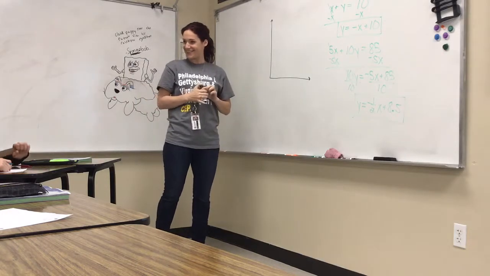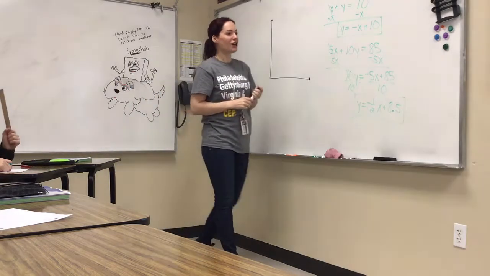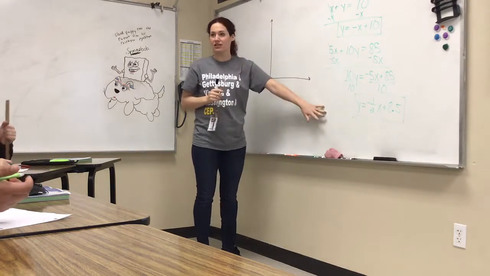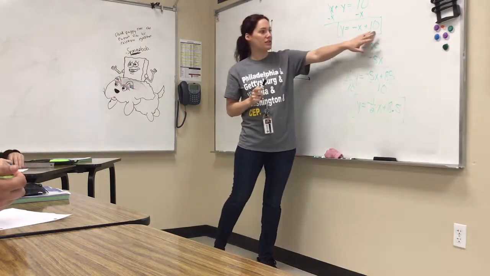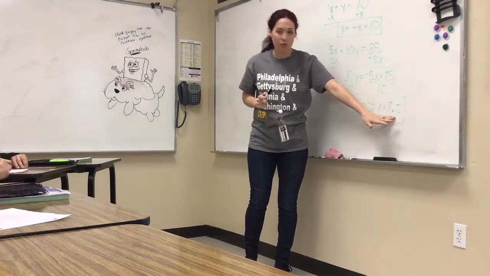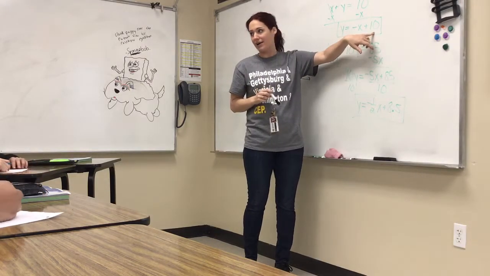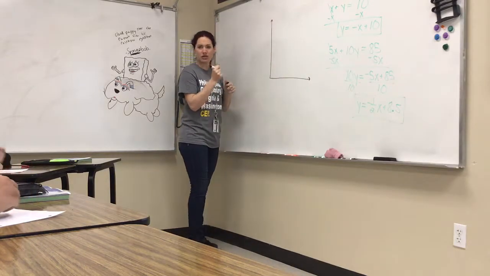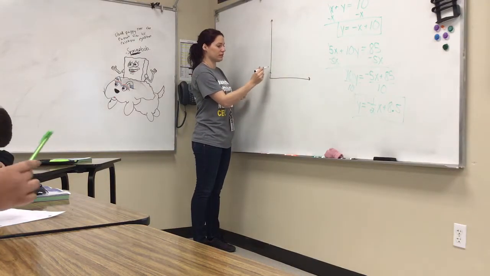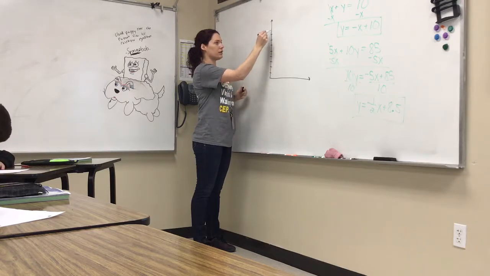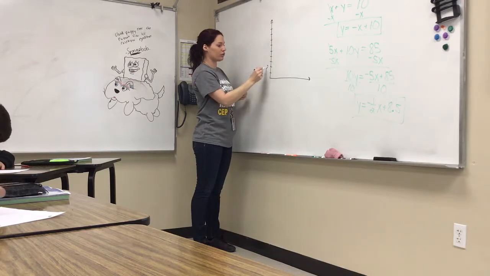Okay, so on here, I need to graph each of these equations. This equation has a y-intercept of 10. This has a y-intercept of 8.5. So I need to count to at least 10 on my y-axis. I can count by ones though, right? I'm only going to write every other number.